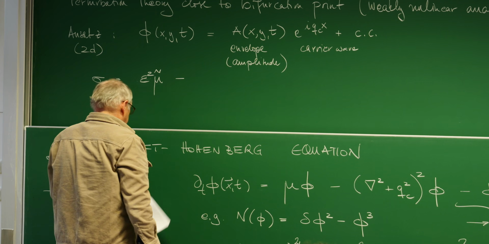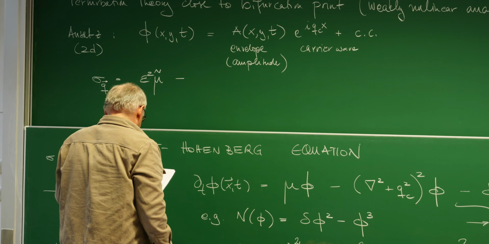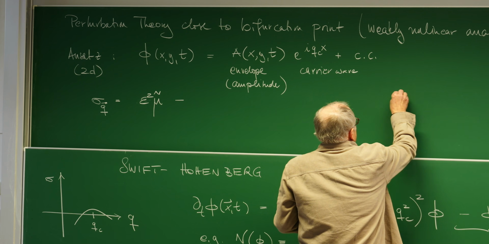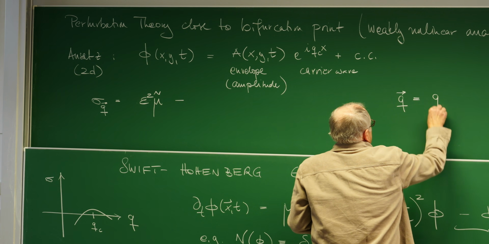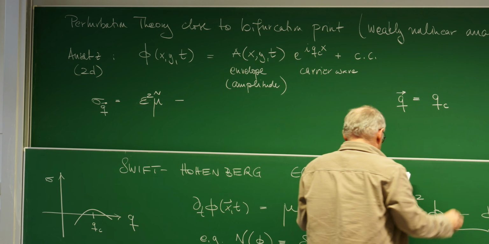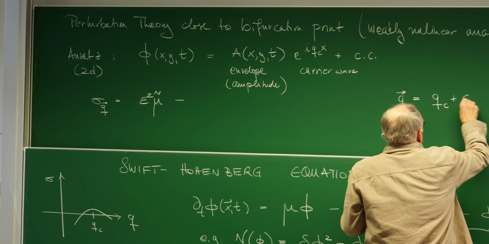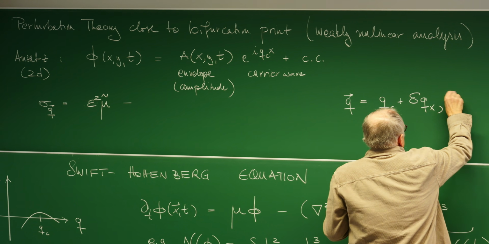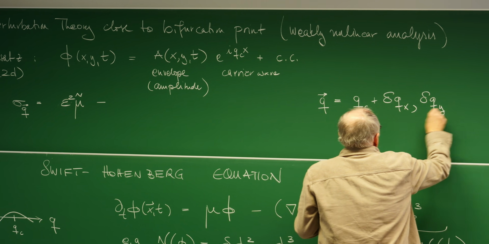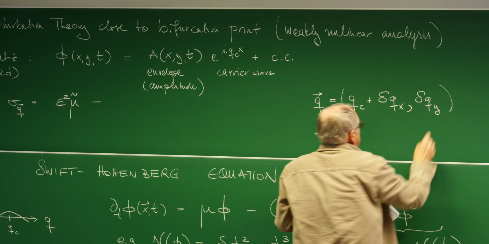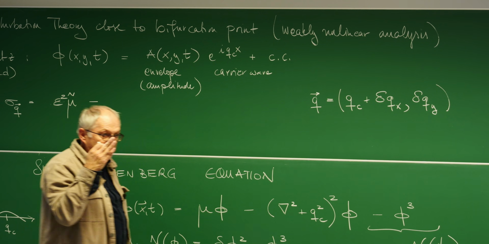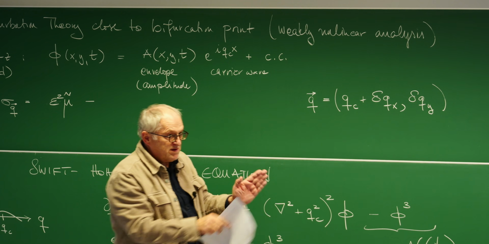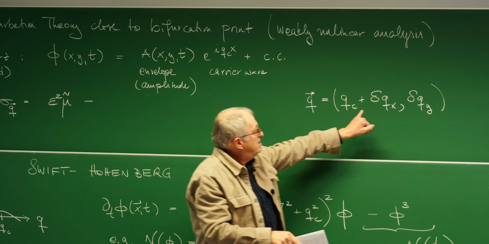And then when you do the expansion here, I'll take the q as qc plus delta qx, delta qy. So I'm starting from a carrier wave in x direction. And as you see from this plot, there's a small band.